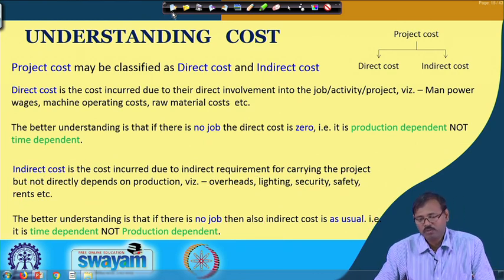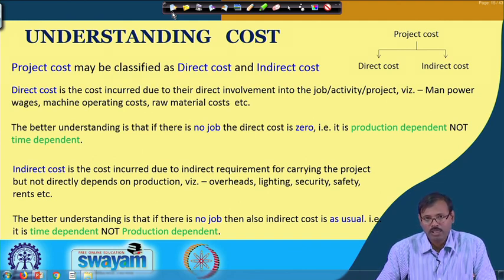So that is very well understood, that direct cost and indirect cost are there, and they have their own trend of moving with the time or with the production, and that will be considered in the due case. But the total cost may be classified in two groups. One is direct cost, which is dependent on the production, and 0 production means 0 direct cost.